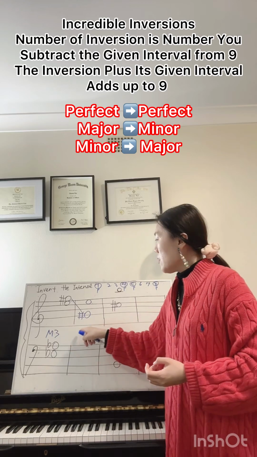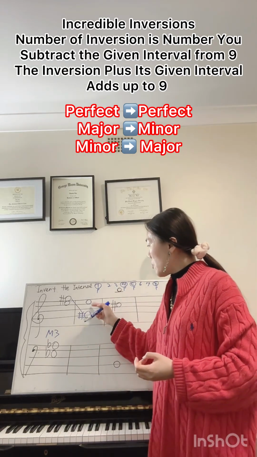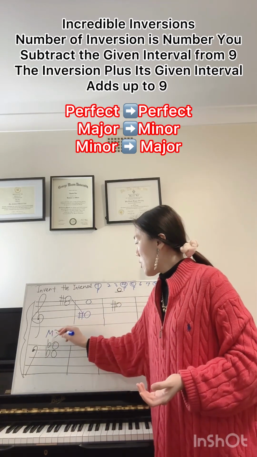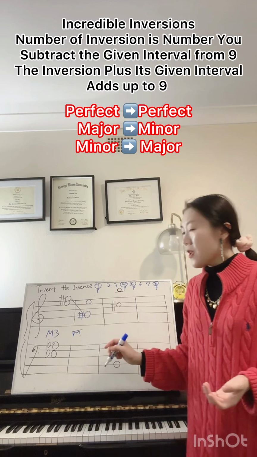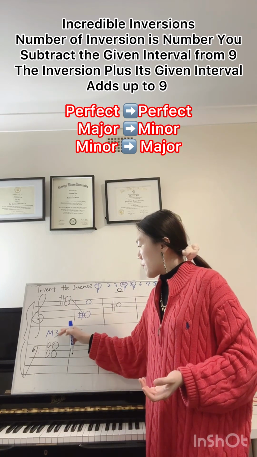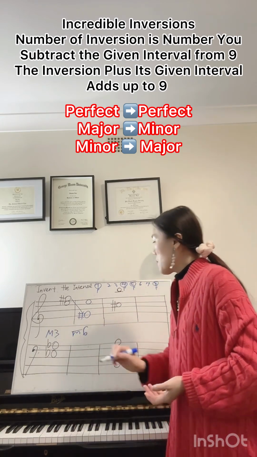The given interval and its inversion add up to 9. So without even doing that, we already know the answer: when inverting, the major becomes a minor, and 9 minus 3 is 6. So that is a minor 6.